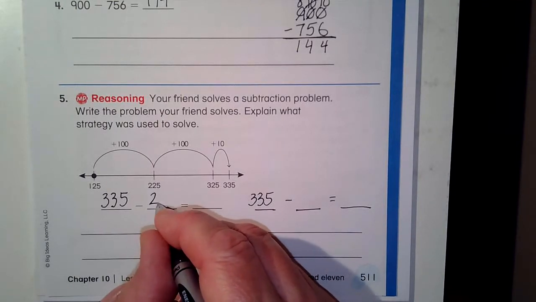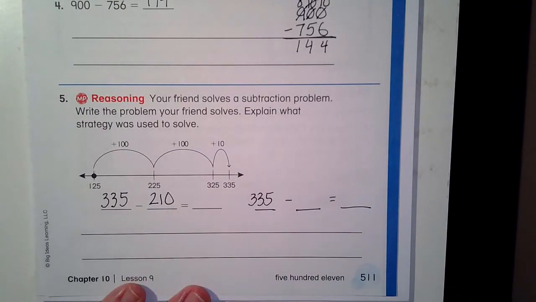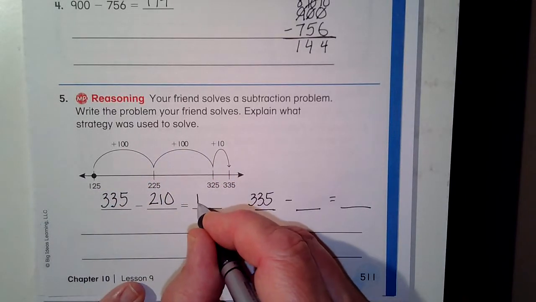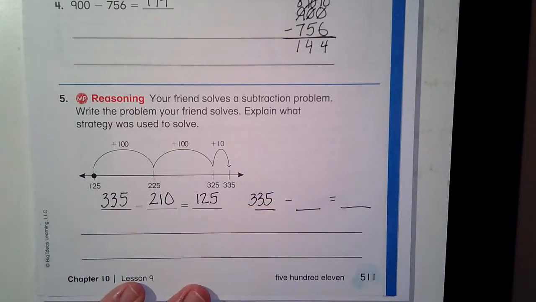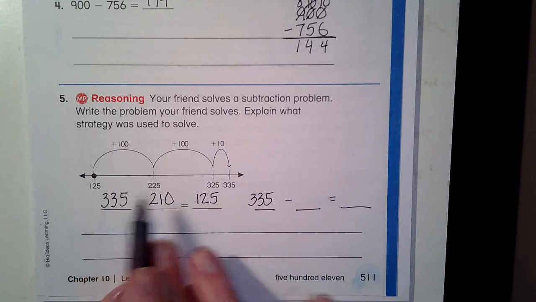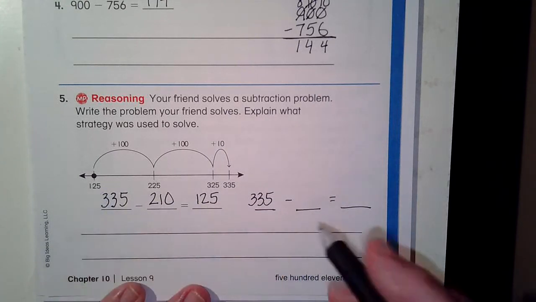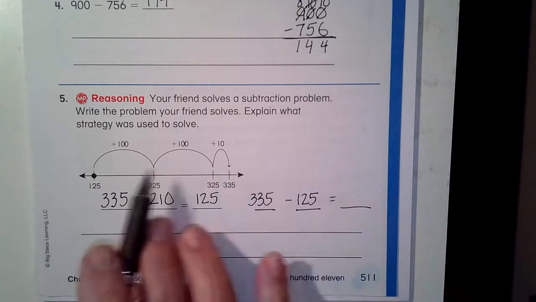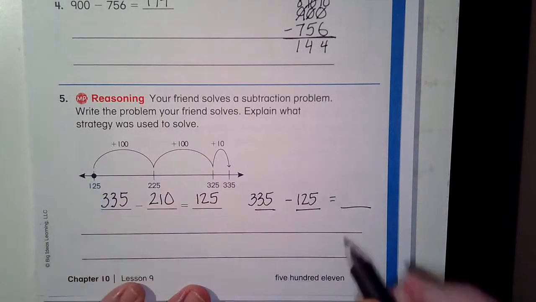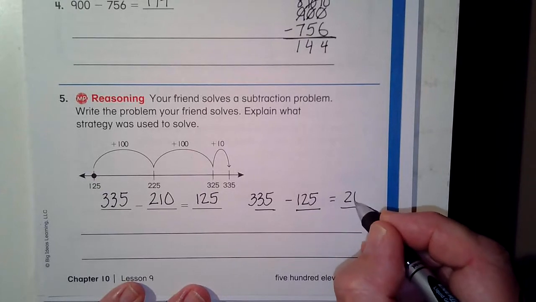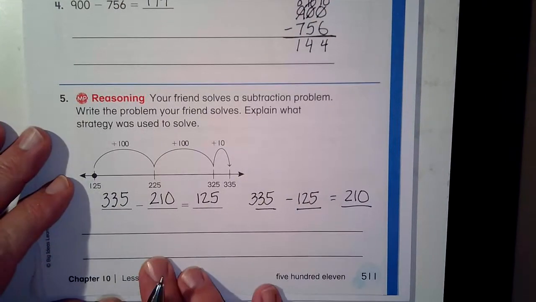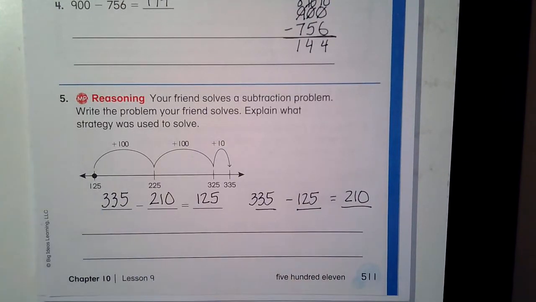I can take away 210, and that will give me 125. Or I can say I took away 125, and that gave me the answer here, 210. All right, it's like a fact family with very large numbers.